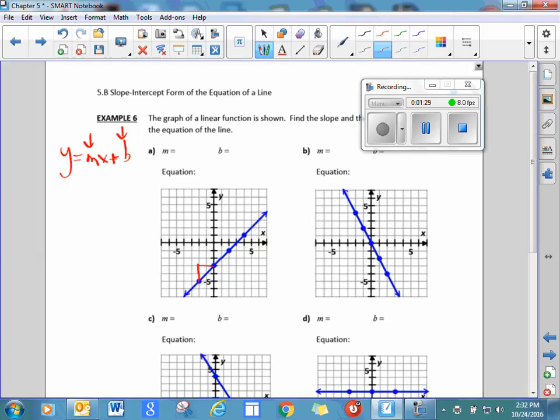So our slope is rise up 2, run 2, and our y-intercept, where does this graph intercept the y-axis, it's right here. So that's negative 1, 2, 3. So if we clean this up a little bit, of course 2 over 2 is just 1, so the equation of our line is y is equal to x minus 3.